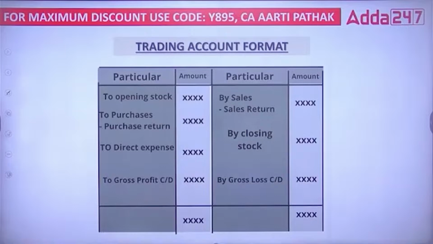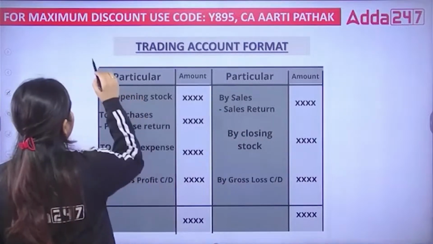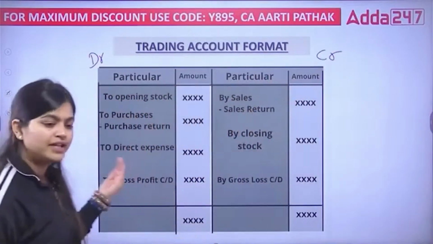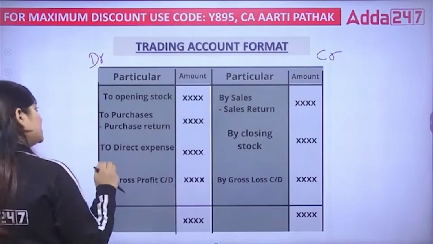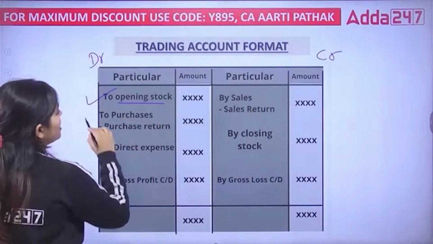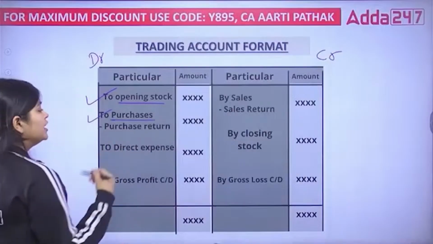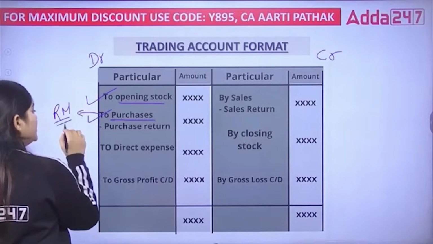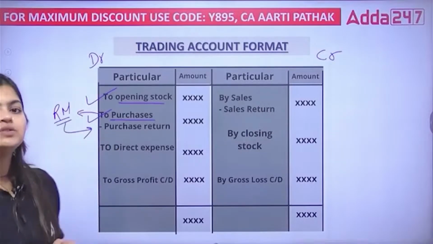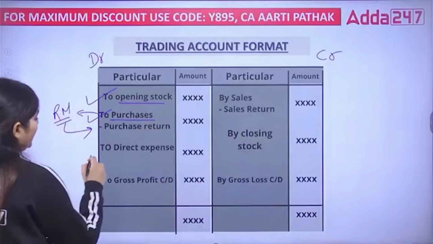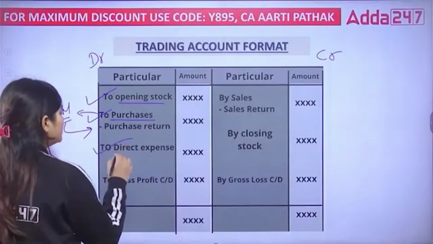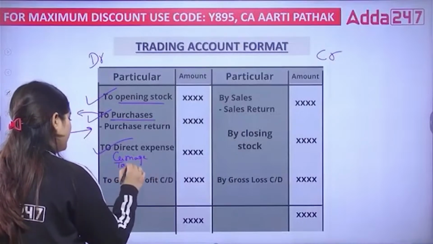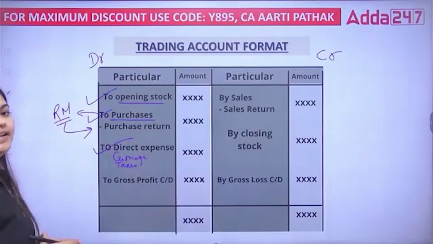For the preparation of the trading account, we need to prepare a T-shape format, with one credit side and one debit side. On your debit side, you write the opening stock, whatever purchases you have made during the year, like raw materials, and if you have returned any raw material, you subtract it. If you have paid any direct expenses like cartage, carriage inward, or any taxes, all this is part of direct expenses.